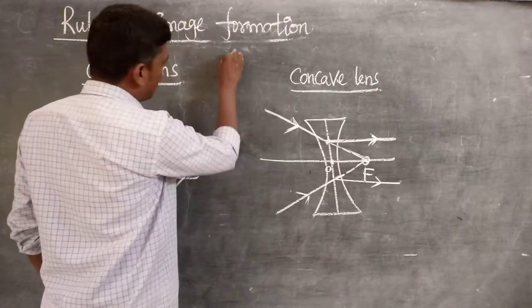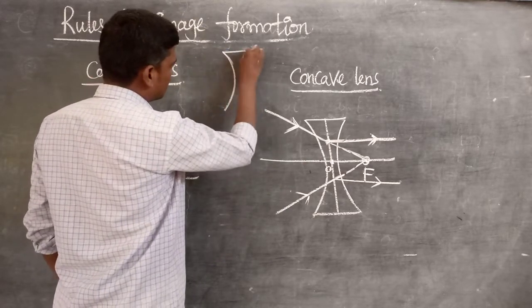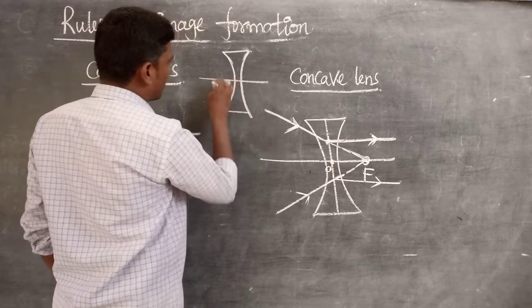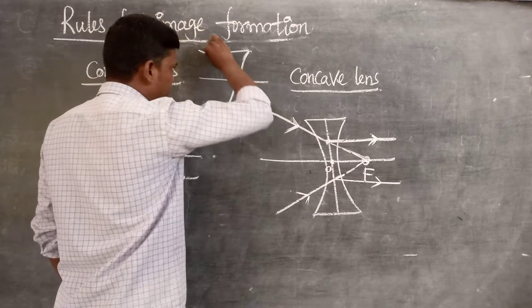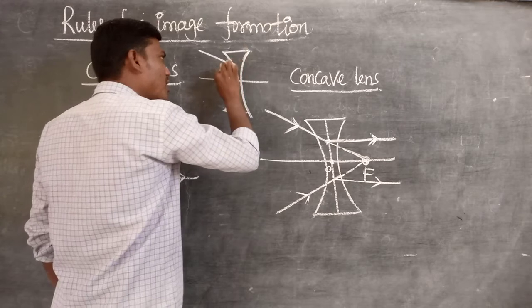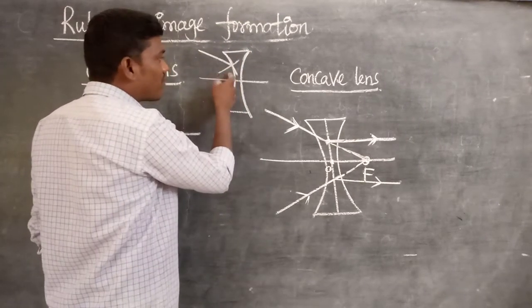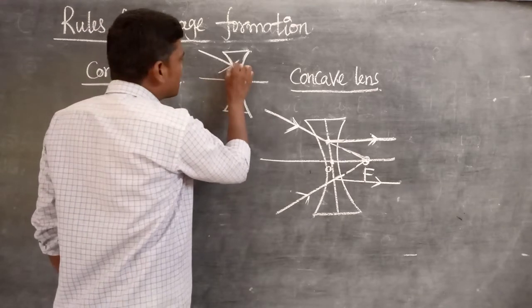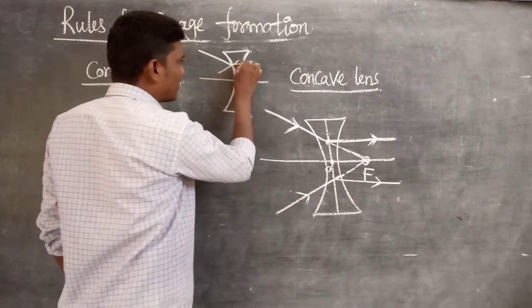Listen very carefully. Here the curved surface is there. If the light is coming like this, we can check that. If we draw a tangent line for this, we draw a normal. We know that when light travels from rarer to denser, it slightly deviates from its path and moves towards the normal.